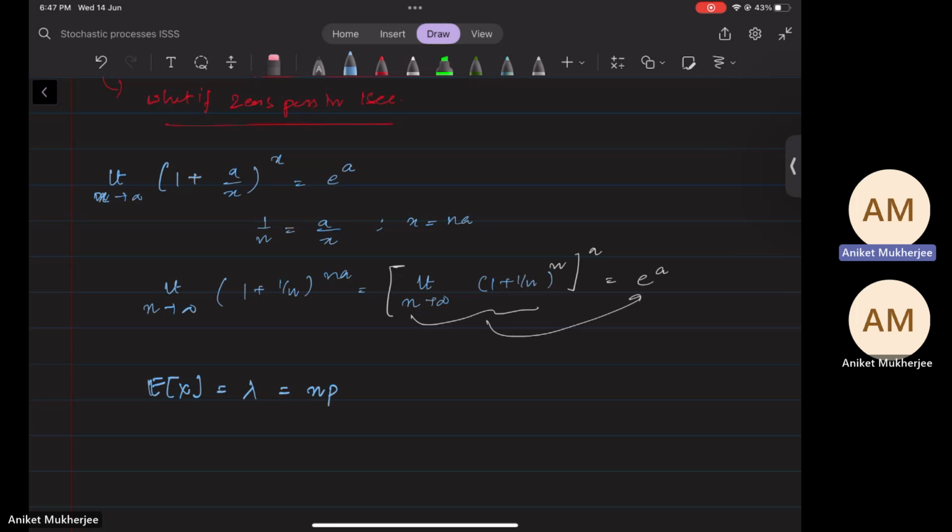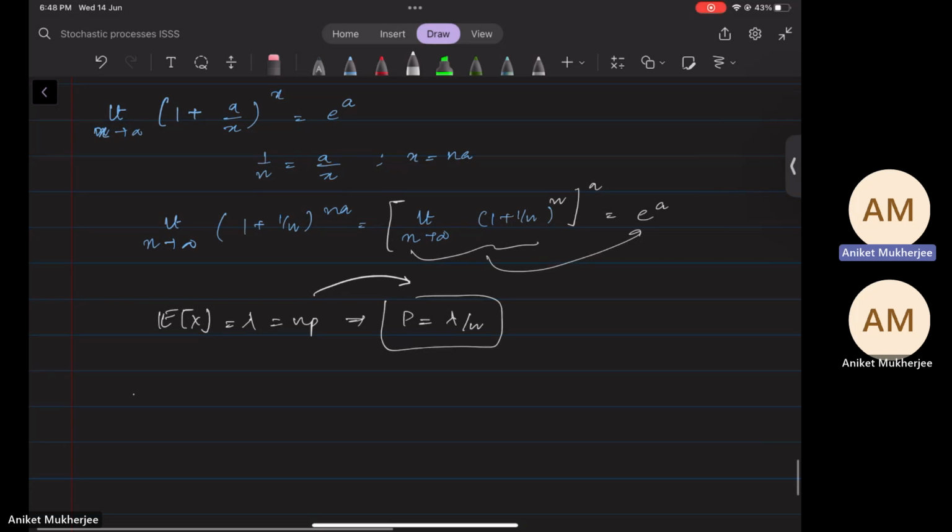We have modeled it as a binomial process, then you take the limit as n goes to infinity, and then you find the probability that X equal to k.